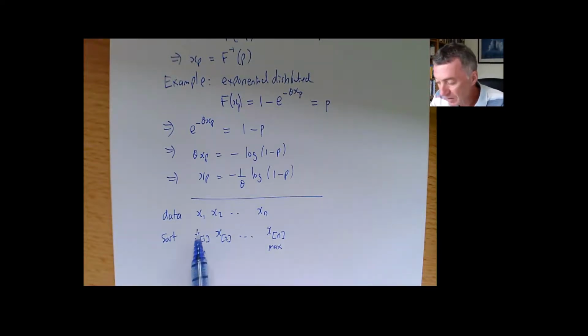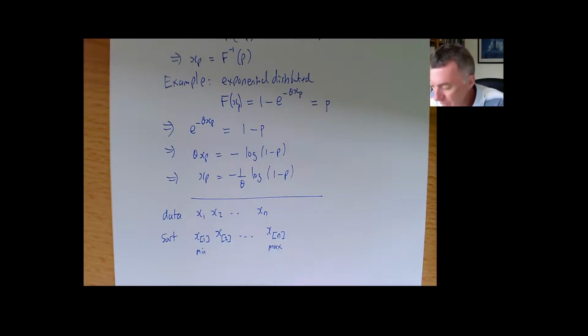With any set of data values, we can sort them from the smallest to the largest. And the position of where these data values fall is called the rank. So the minimum value has rank 1, the next biggest value has rank 2, and the maximum value has rank n.